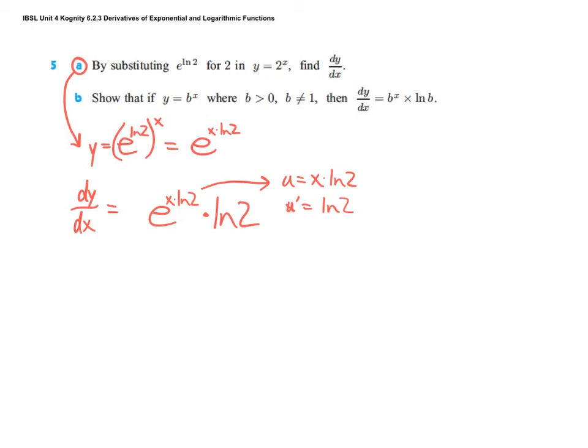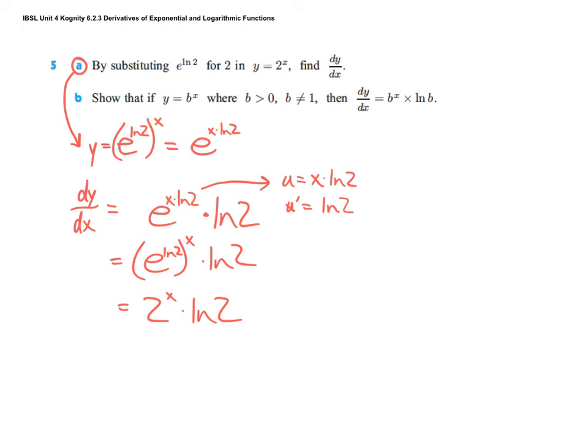What did e to the x times ln of 2 actually equal? It equaled 2 to the x, because remember, this was the 2, and that was raised to the x power. So this is 2 to the x times ln of 2.